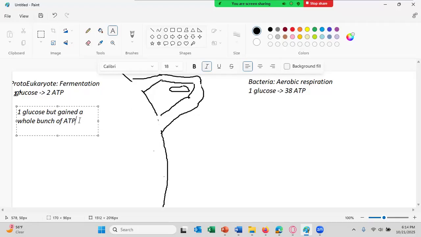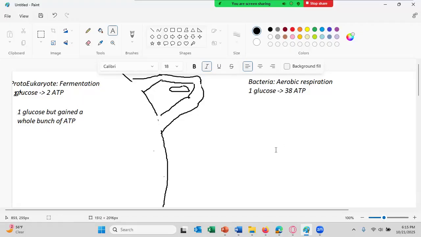And the proto-eukaryote changed. It now became a eukaryote containing a mitochondria, which now makes ATP for the eukaryote cell. And that's the theory about how the mitochondria evolved.